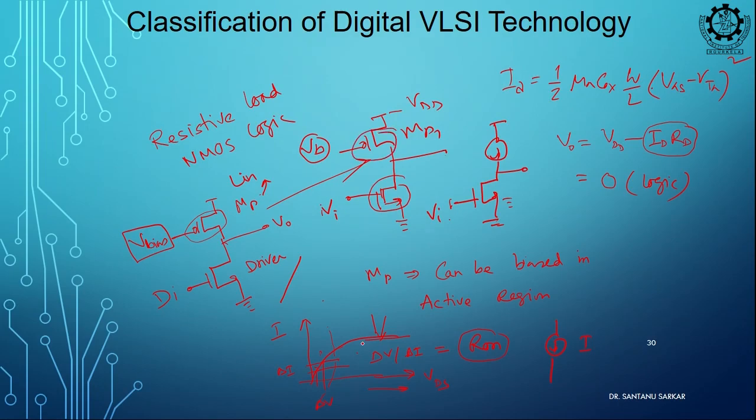If it is in saturation, this will always provide a constant current. So, this is known as the current source load, constant current source load. Okay. The structure is the same, only this voltage is changing, so that in this case it is in saturation, in this case it is in linear, clear.